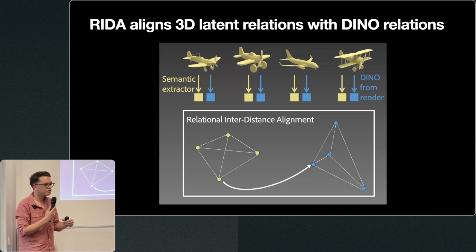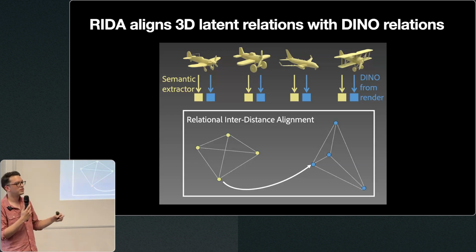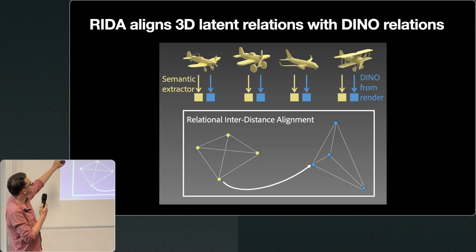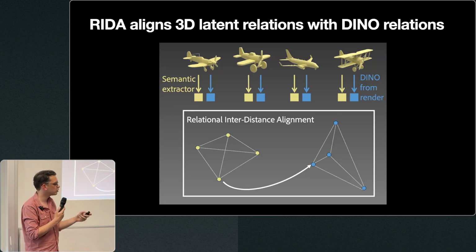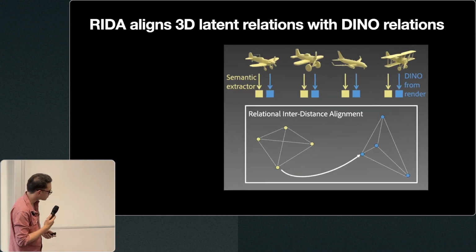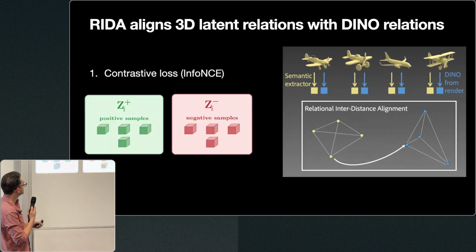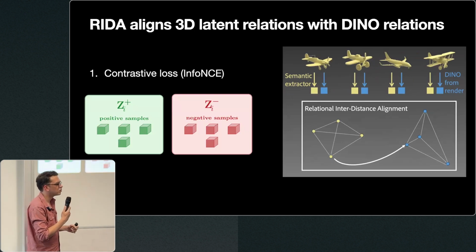So let's say we have a large dataset of 300K shapes, and we can render some of these shapes with a single view. Then we use DINO as a teacher to have a query. Let's say we have this query airplane, and it will get us some samples which are positive and negative. So if our query is an airplane, we use DINO as a teacher to find more airplanes in that batch.